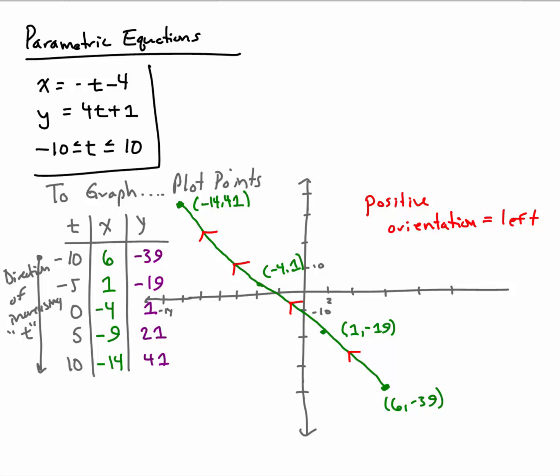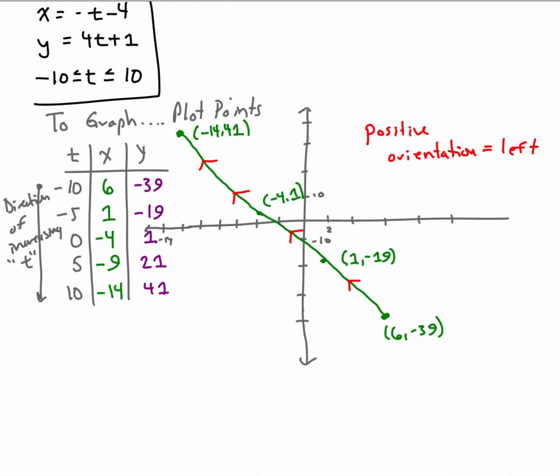Now one other thing we haven't done is we haven't rewritten this in terms of x and y. So we could eliminate the parameter t and write this in terms of x and y. Now this is just some nice algebraic substitution.